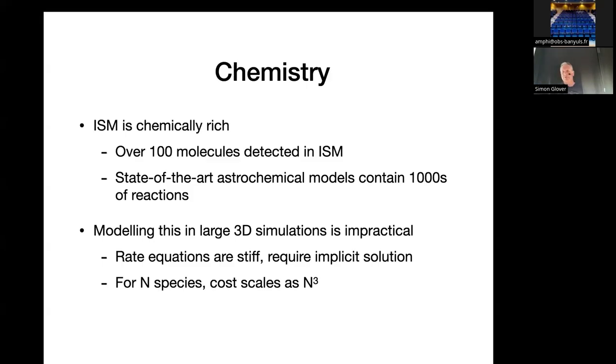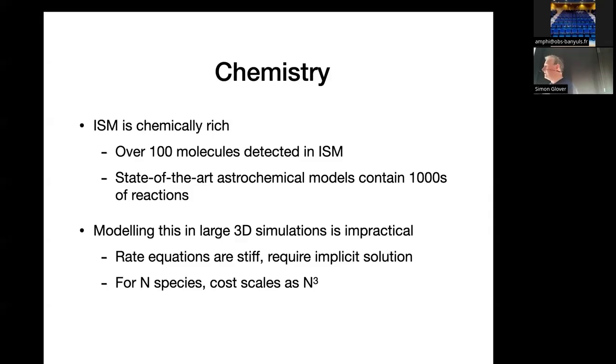So to solve this explicitly, you have to take extremely small time steps, which is impractical, or you solve it implicitly, i.e. iteratively, which can certainly be done. There's a lot of fairly sophisticated solvers to do this, but then you have the problem that this kind of iterative implicit solution has a cost which scales as the cube of the number of species that you're dealing with.